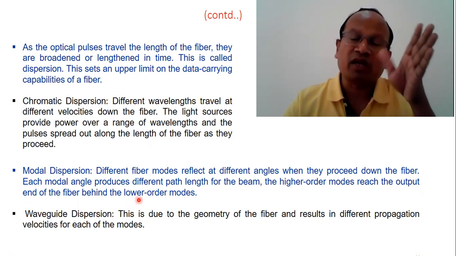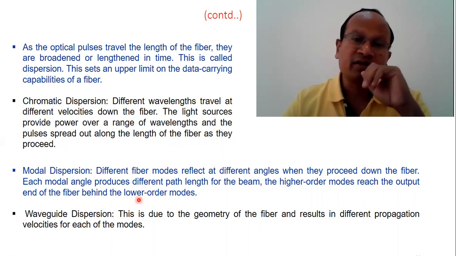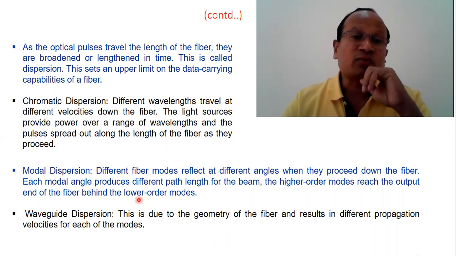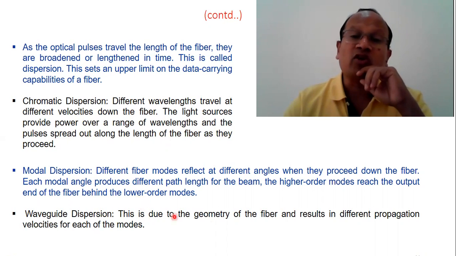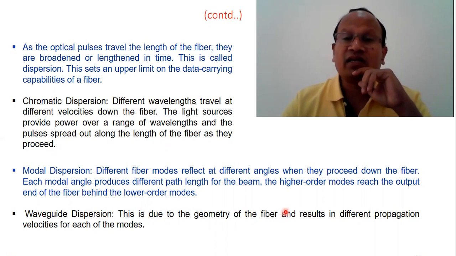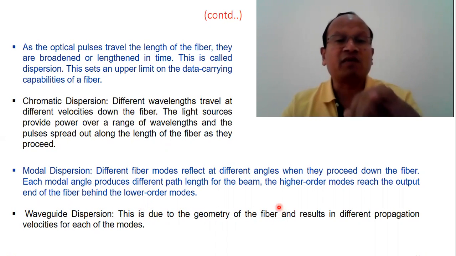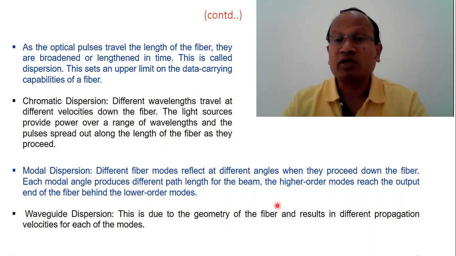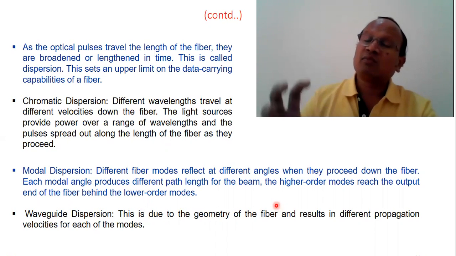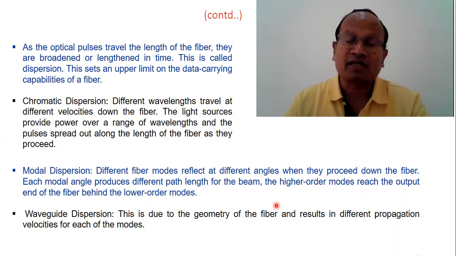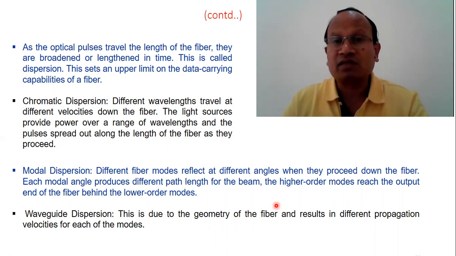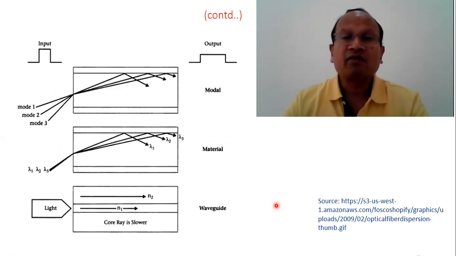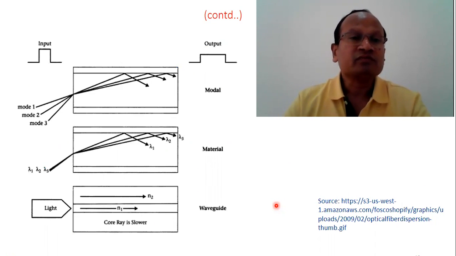The lower order modes will reach first, then the higher order modes. Next one is waveguide dispersion. This is due to the geometry of the fiber and it is because of different propagation velocities for each of the modes. That causes dispersion of the pulses, called waveguide dispersion.